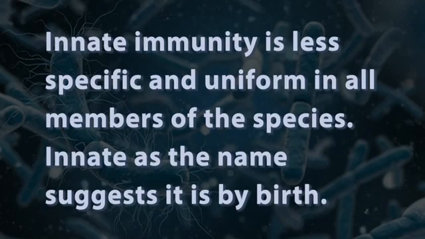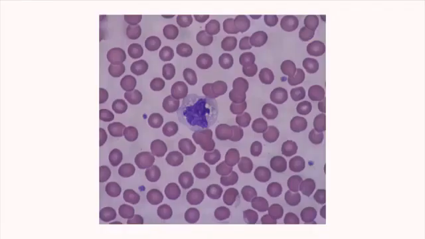Innate, as the name suggests, it is by birth. The disease resistance mechanism is already present in our body by birth. It is the first line of defense during the early stages of the development. Innate immunity can be shown by phagocytic cells, namely macrophages and neutrophils.